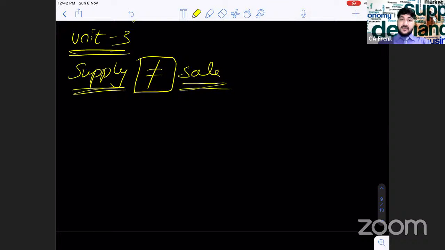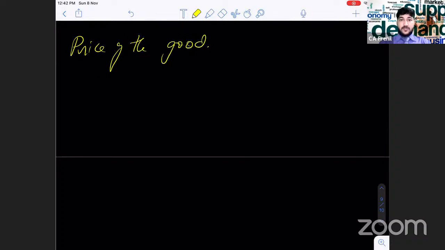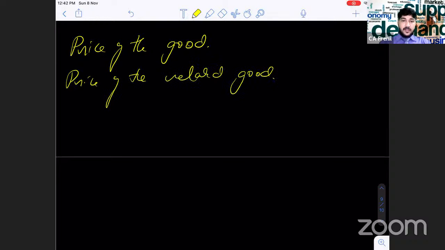Next, there are the determinants of supply, such as price of the good, price of the related good, price of factors of production.